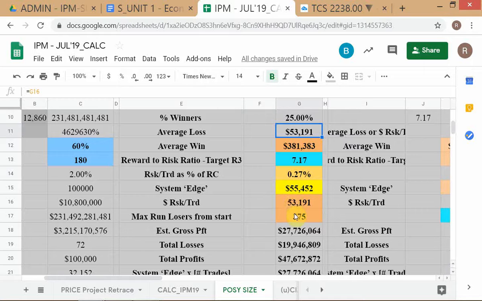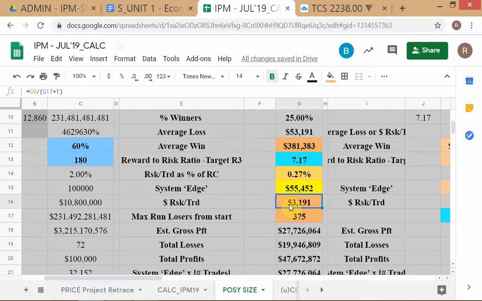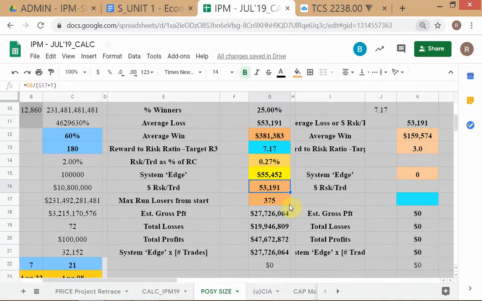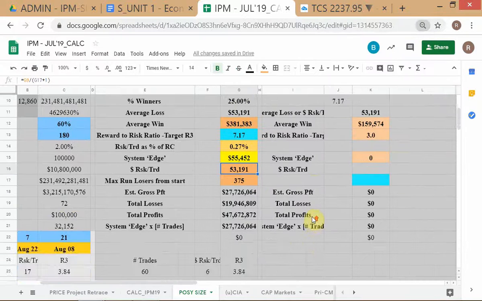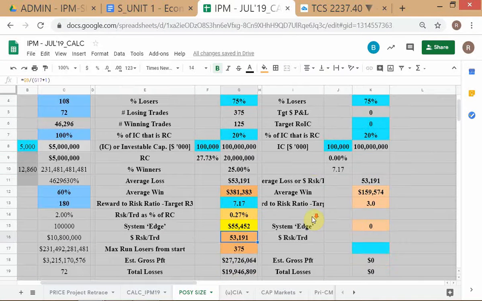Average loss is G16, and G16 is taking the G9. What is G9? G9 is our risk capital figure. So the dollar risk per trade is G9 divided by G17.